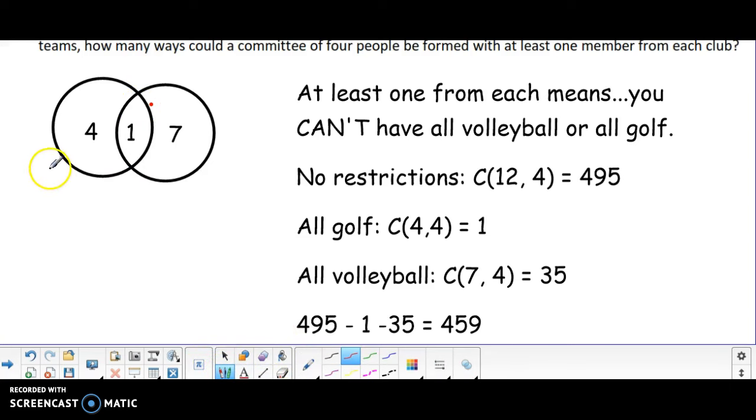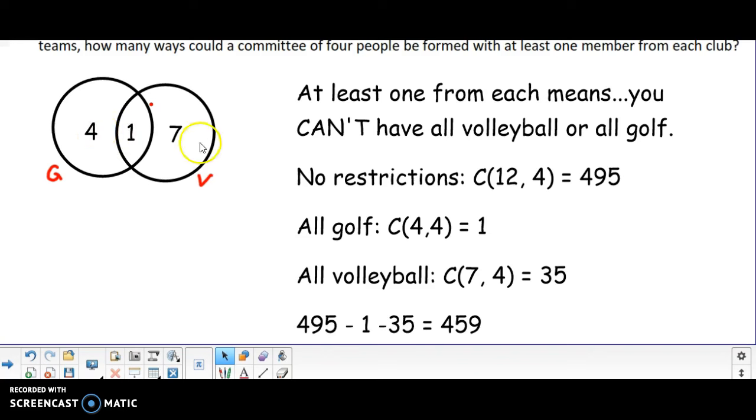This one is going to be my golf players, and these are my volleyball players here. So there is one person who's in both, so that person is in the middle in the overlap. Since there are 8 volleyball players, there are 7 people who only play volleyball. Since there are 5 golfers, there is one person who is also a volleyball player. There are 4 people who are only golfers.